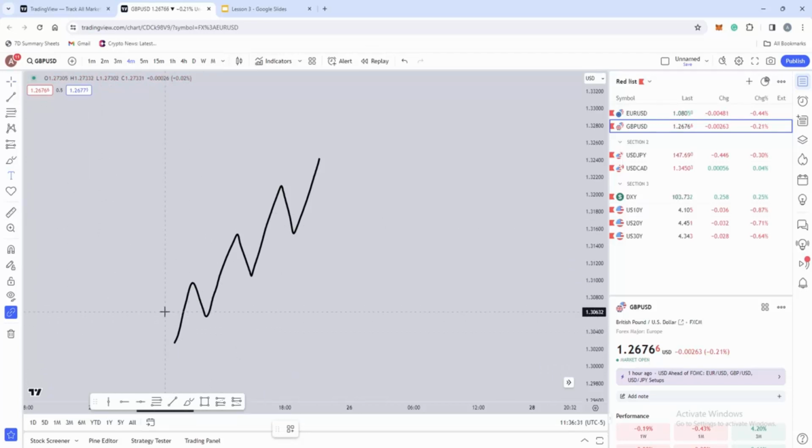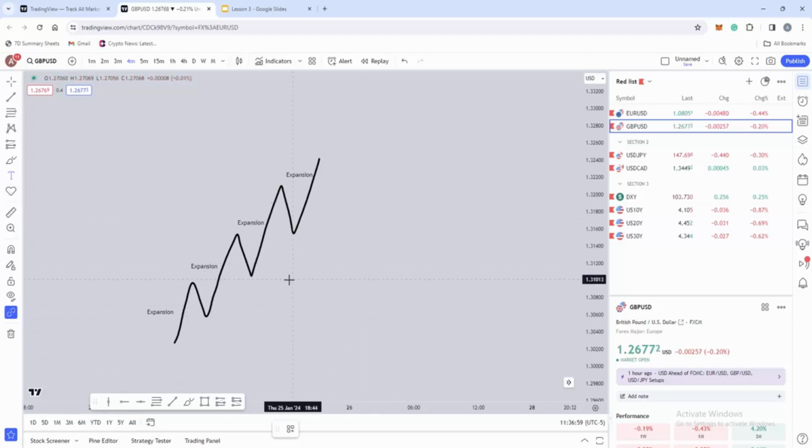So this part here is our expansion. This is also expansion. This is also expansion, and this is also expansion. Okay, and then we have our points of retracement.